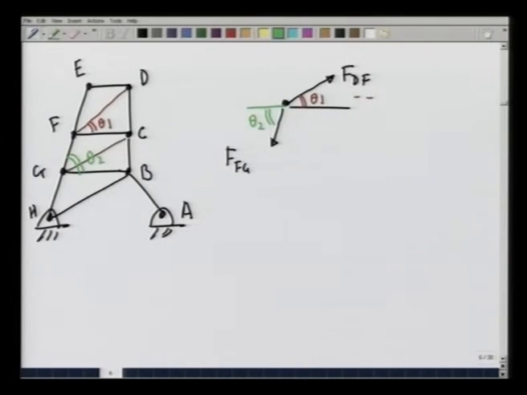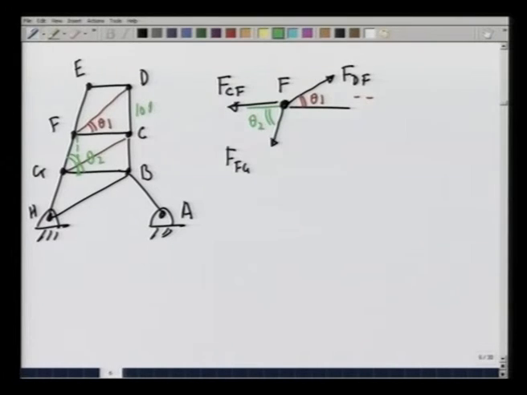Then in anticipation again, let me just anticipate that the force F_CF is going to be towards the left. So, this point F is in equilibrium under these three forces F_DF, F_CF and F_FG.